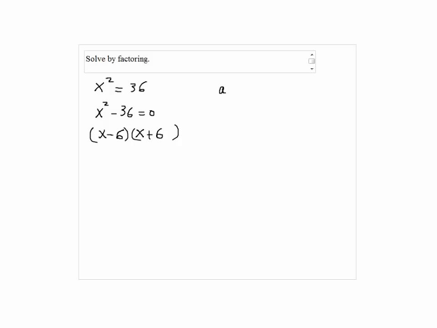Minus and plus. Recall a squared minus b squared is equal to a minus b times a plus b. So x minus 6 is equal to 0, x is equal to 6 by adding 6 to both sides of the equation, or x plus 6 is equal to 0, x equal to minus 6 by subtracting 6 from both sides of the equation.